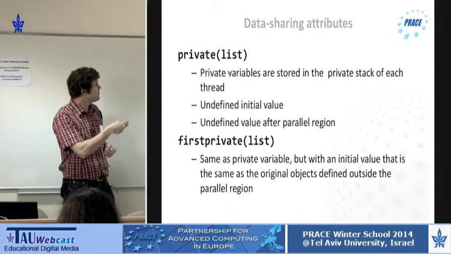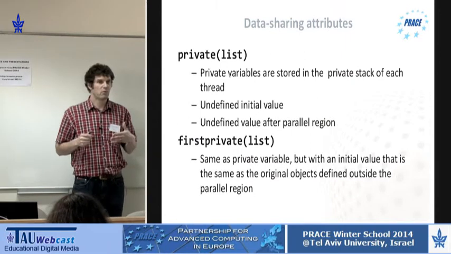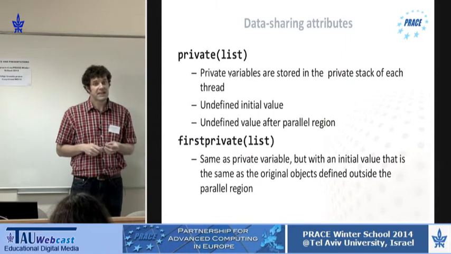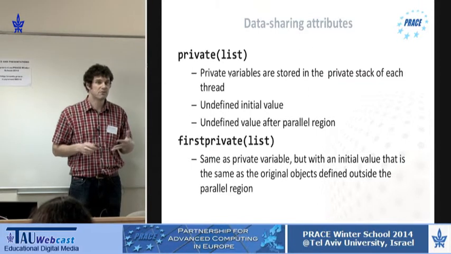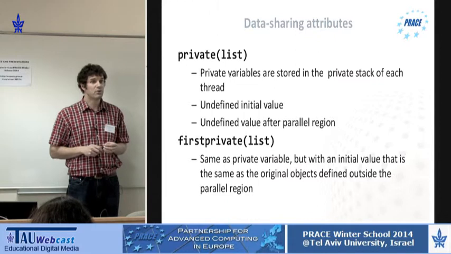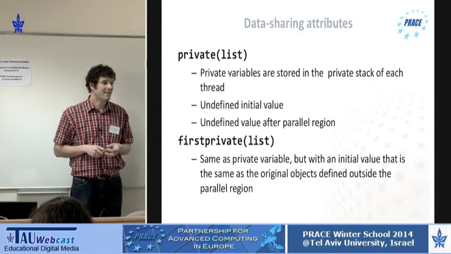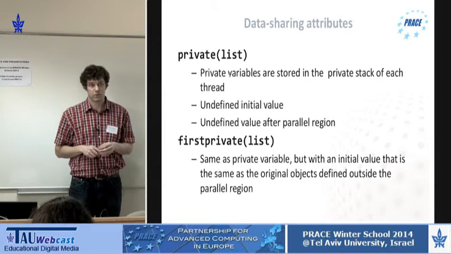All the variables listed here in parentheses will have an undefined initial value when one enters the parallel region, and they will be stored in the private stack of each thread. And when you go out of the parallel region, these variables once again don't have any well-defined value.